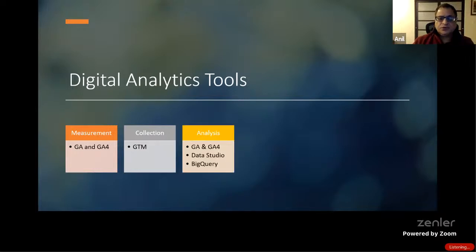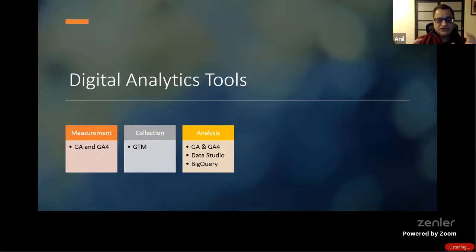Analysis is where you dig deeper into your data. The tools that allow you to do that are Google Analytics and Google Analytics 4. They have the data in there. There are canned reports, and you can create custom reports, etc. So that's all sitting there. You can drill deeper by segmentation.